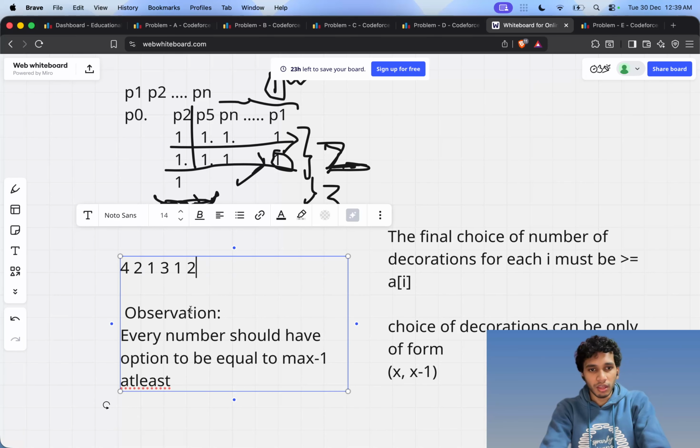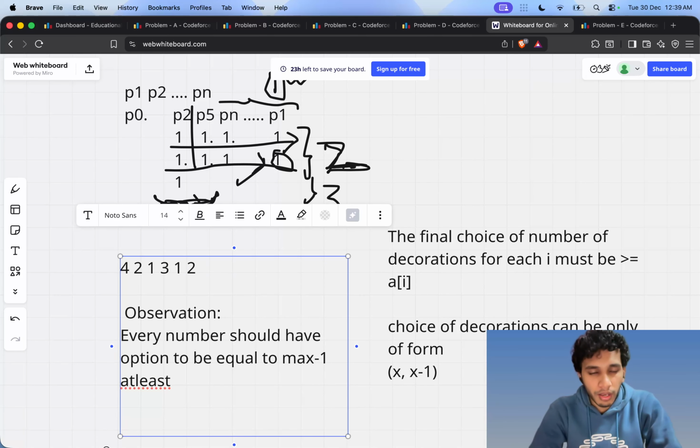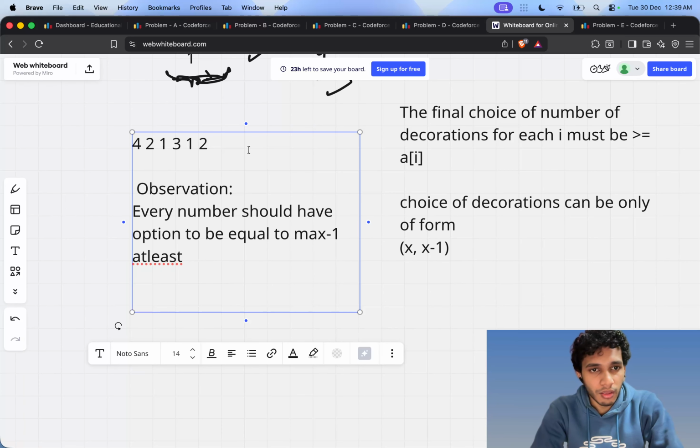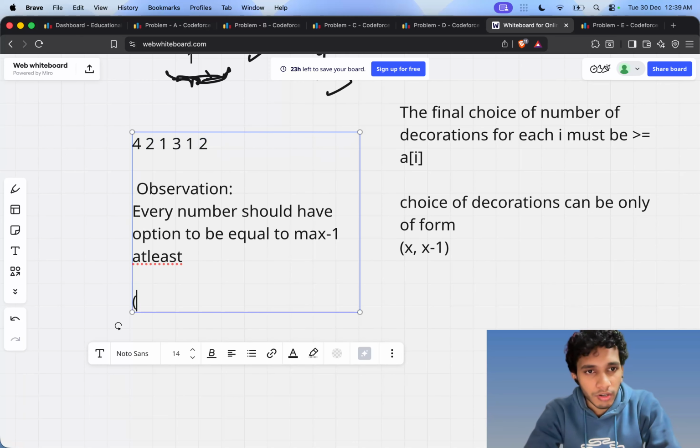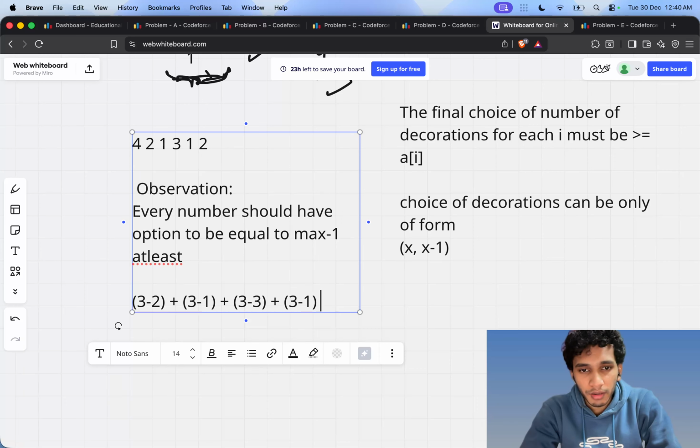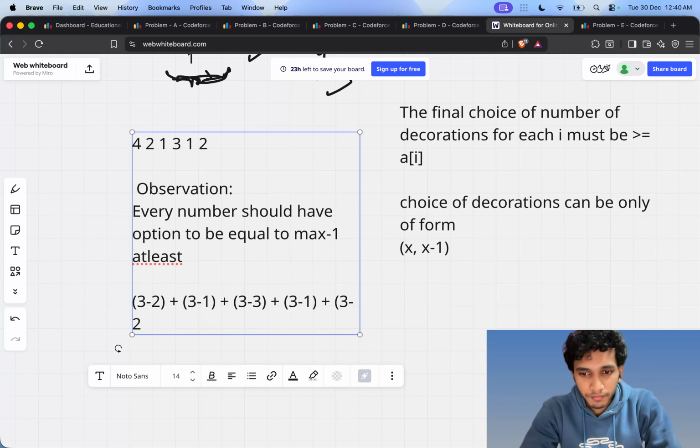So what is the number of decorations P0 should have so that all of these have at least 3 decorations? It is equal to 3 minus 2 plus 3 minus 1 plus 3 minus 3. All of them have to reach 3. So how many decorations are required? This is what we are calculating.